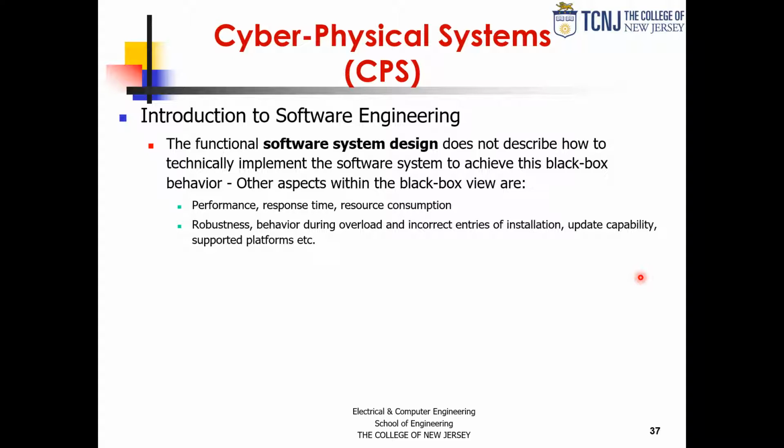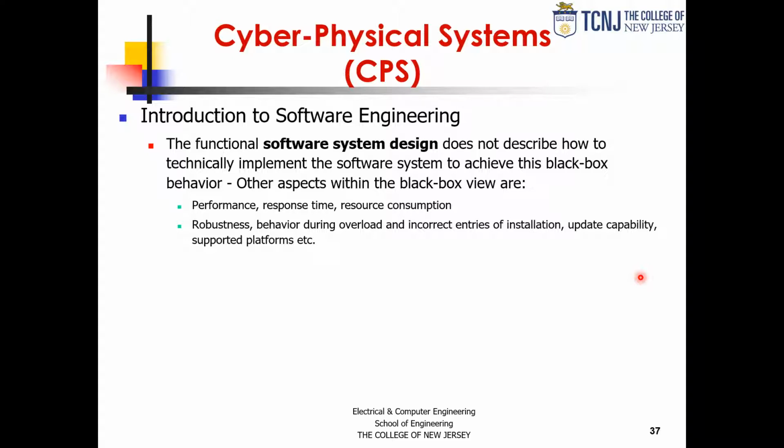Additional metrics can also encompass things like reliability, robustness. How does it react to failures? How does it fail in a graceful manner, in a safe manner? What type of fault tolerance is required for the software?